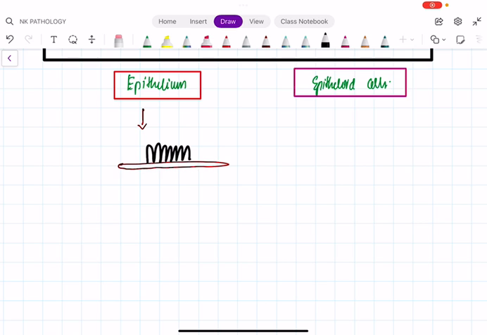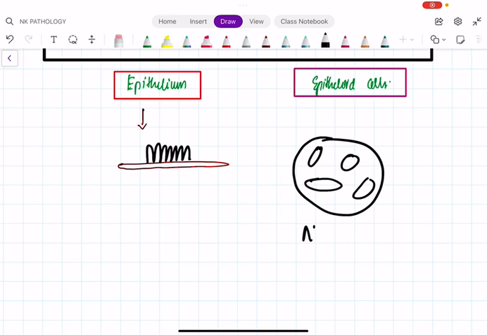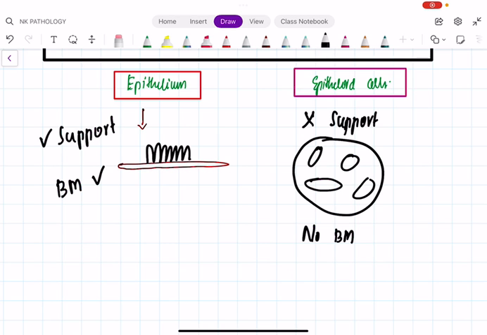Suppose the cells are scattered like this with no basement membrane, we call them epithelioid cells. They don't have support, no support here; support present here. That is the basic difference. Basement membrane present, basement membrane absent.